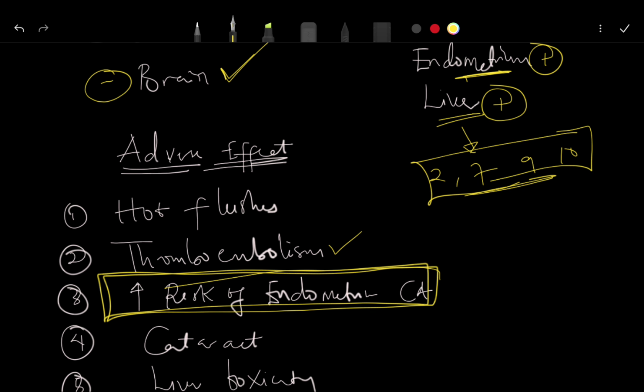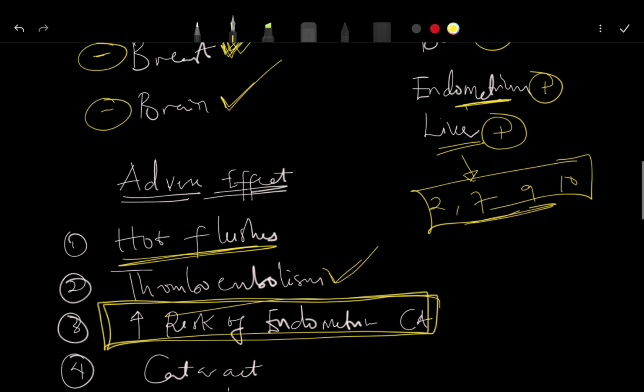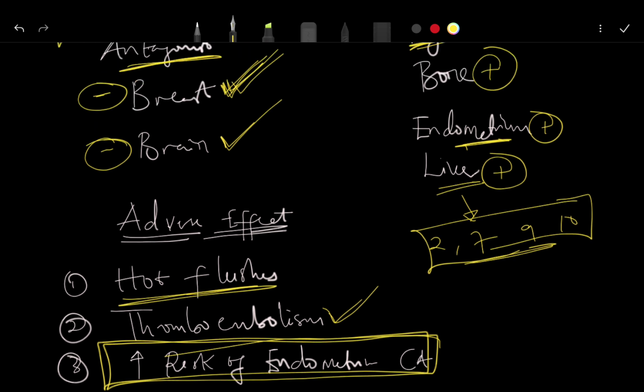Then, as part of the adverse effects, the hot flushes stem from the fact that you are antagonizing the vasodilatory effect, because estrogen has a vasodilatory effect on the brain, and if you antagonize that effect, what will come will be hot flushes. So the lady will continuously experience increased body temperature, as usually seen in postmenopausal women.